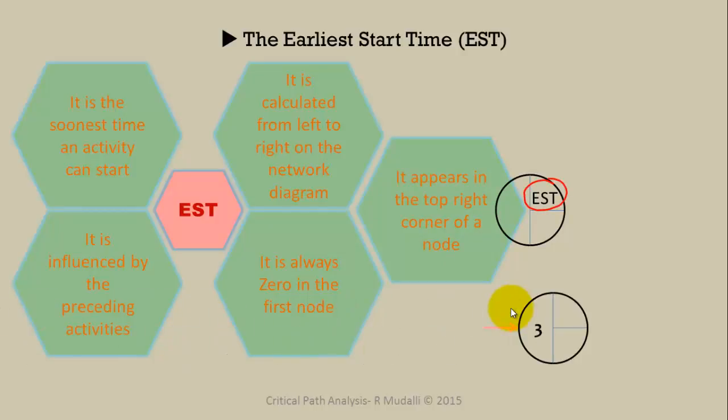This diagram illustrates node number 3 and activity C with a duration of 6 days. The earliest start time of activity C here is 8 days. This means that the soonest activity C can start is 8 days after the project began. So that is the earliest start time of activity C.